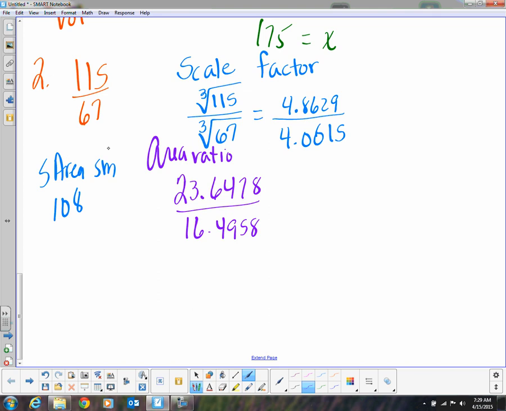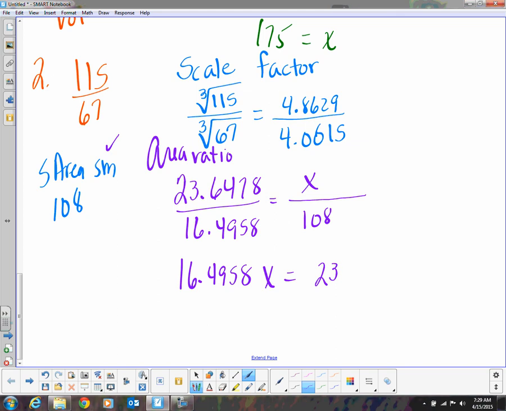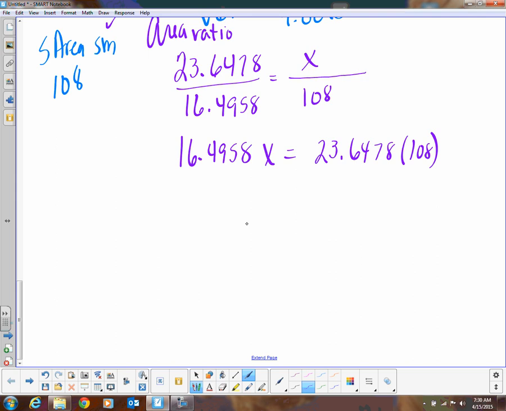Now this is small area. Do I put that 108 on top or on the bottom? Bottom, because this is smaller. So now you're going to have to say 16.4958 x is equal to, and this is definitely a multiply then divide problem. So then you'll divide and you'll get something.